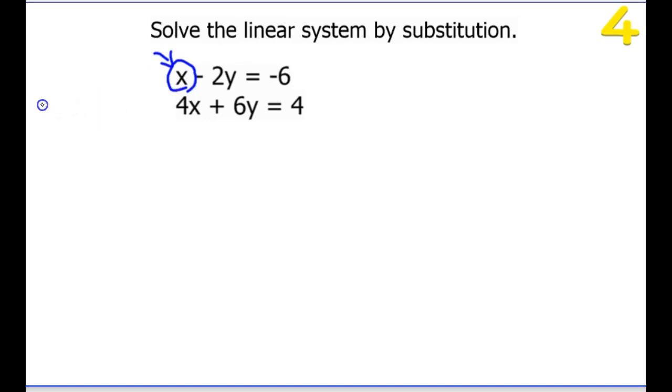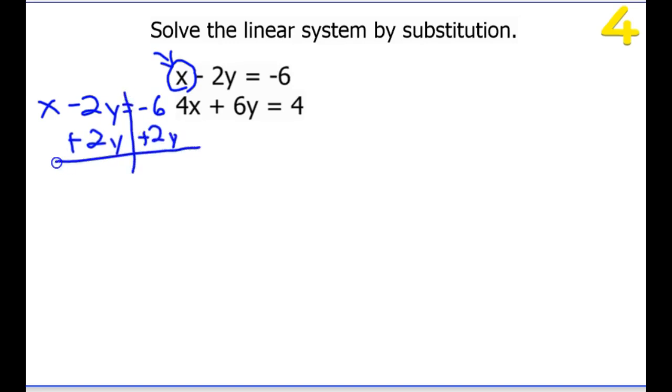So if we have x minus 2y equals negative 6, to get x by itself, all we need to do is add 2y to get 2y to the other side. So now we have x equals 2y minus 6. Now x is by itself, and we have something we can substitute.